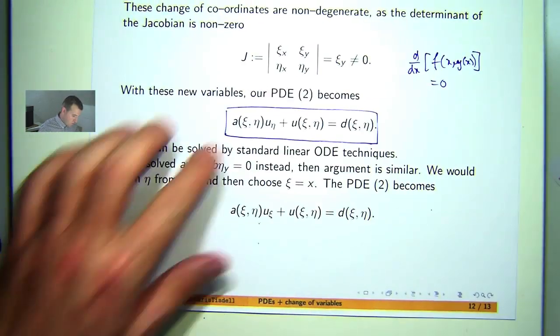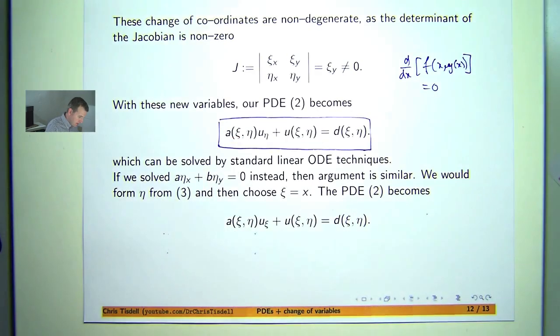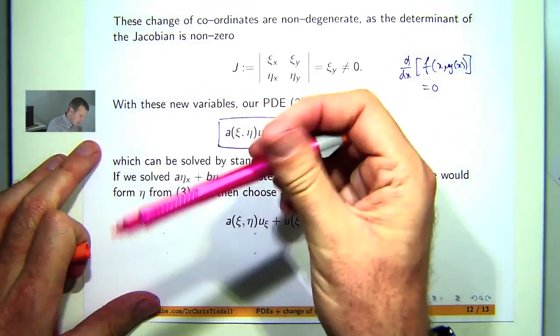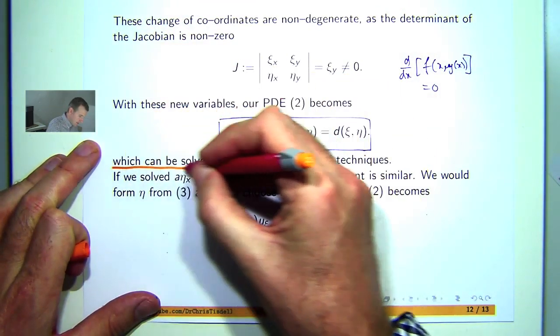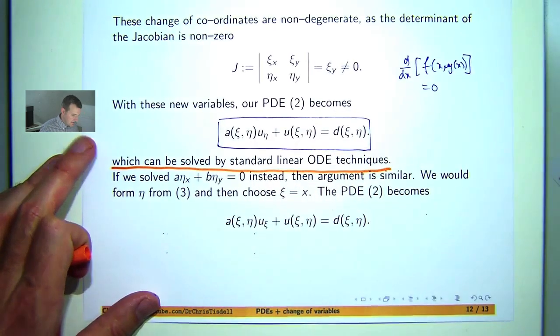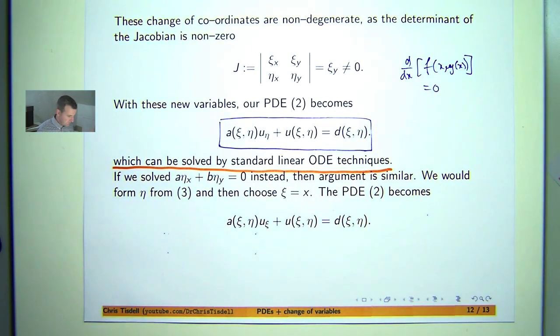So we can now solve this problem using standard linear ODE techniques. So we've got our change of variables.